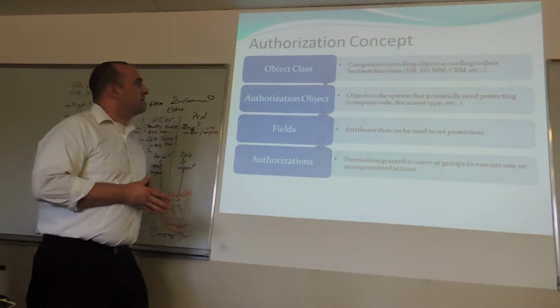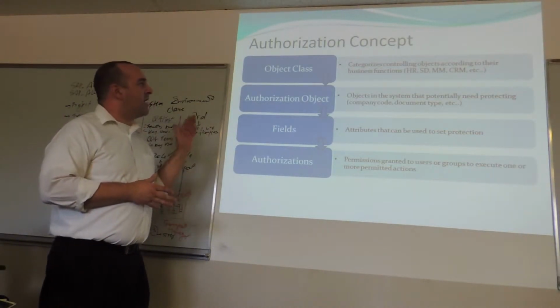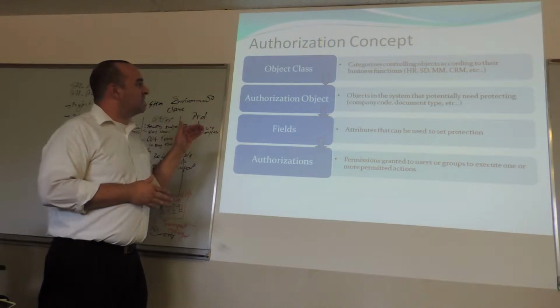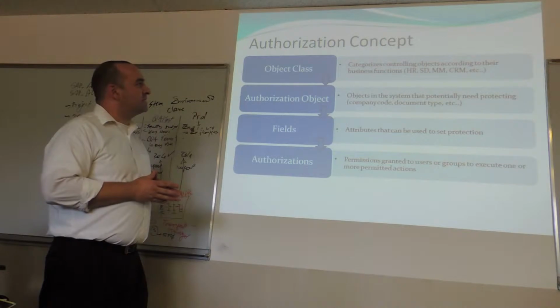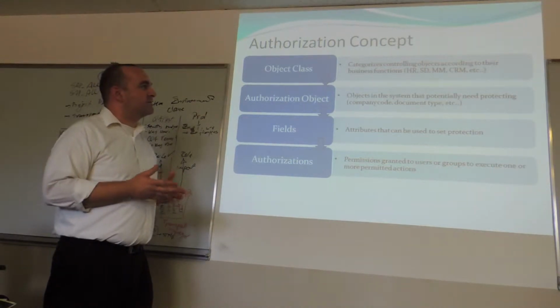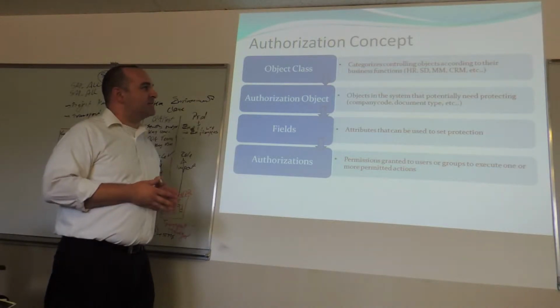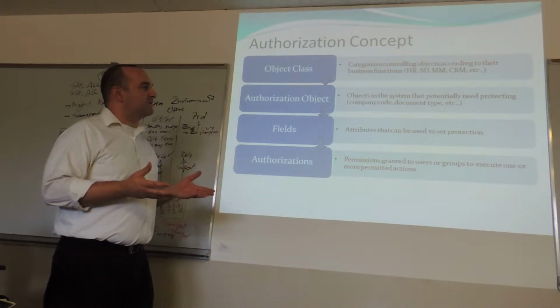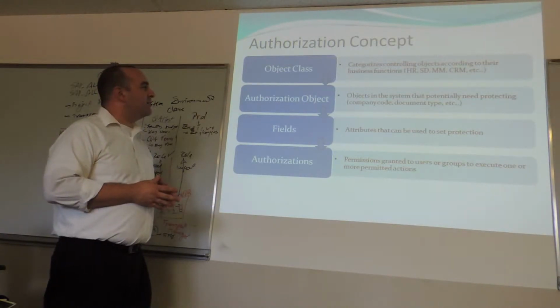Now in the authorization concept, we have object class, or authorization object, fields, and authorizations. Object class categorizes controlling objects according to their business functions, such as HR, sales distribution, materials management, customer service, and so on.